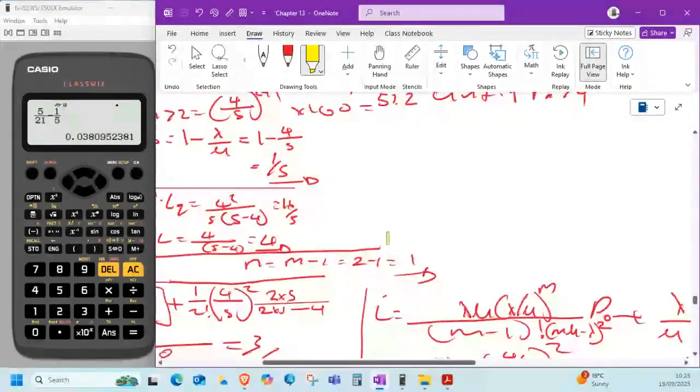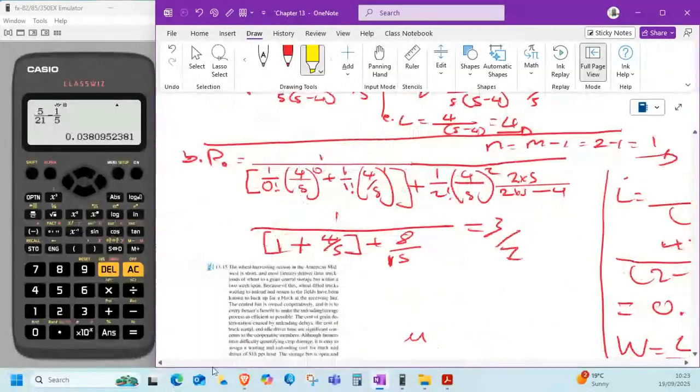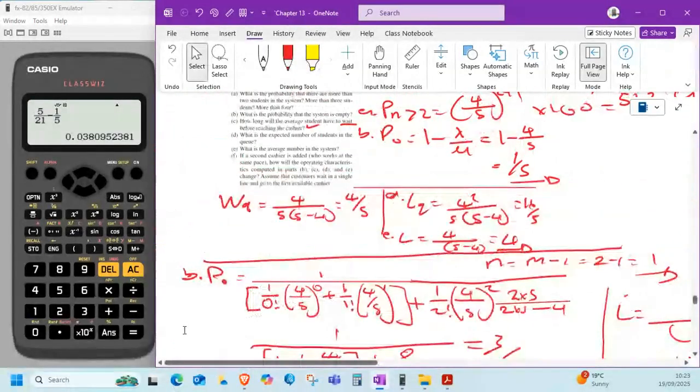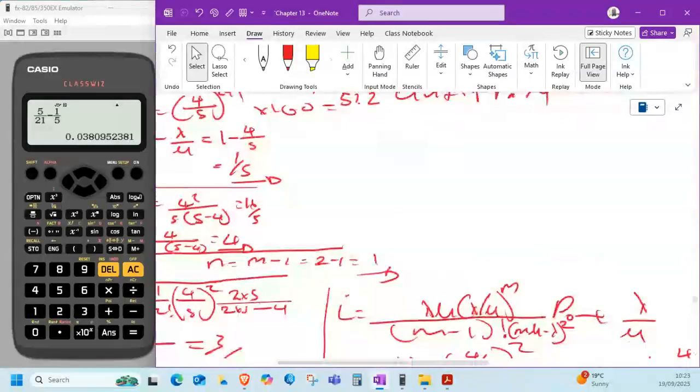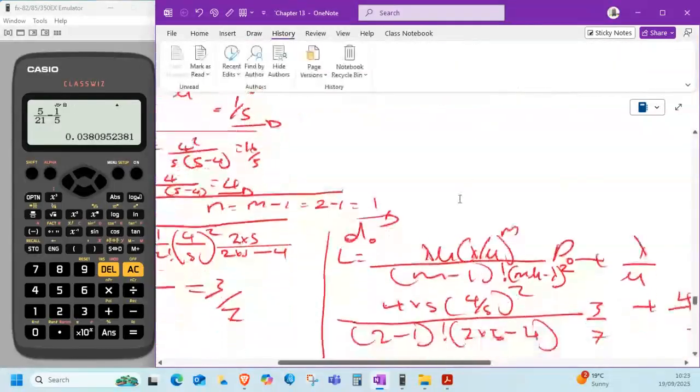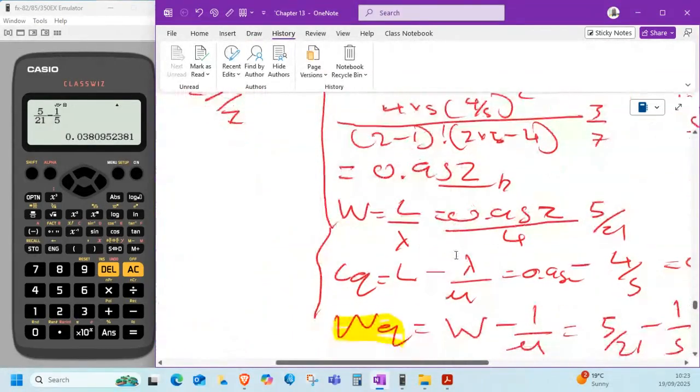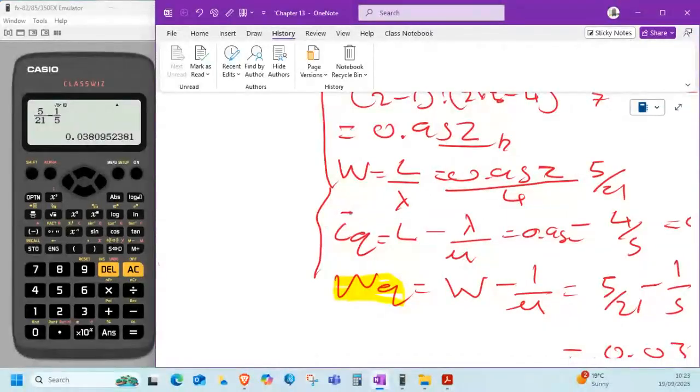So you can just come and label it here. D and E. You label it nicely. This one is D, and this one is the one for LQ, it's E. Then you're able to label them, because you cannot repeat them just because you didn't answer them as per the sequence.